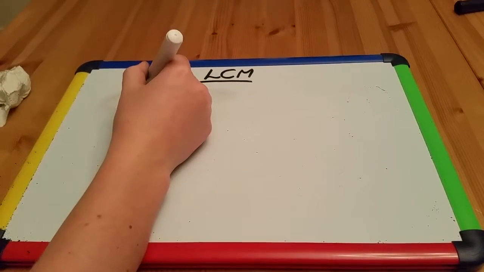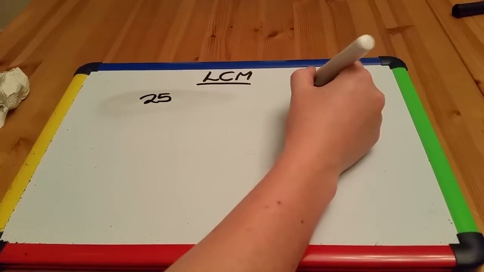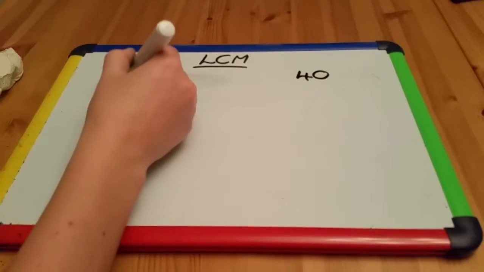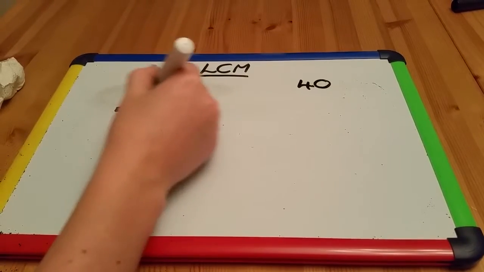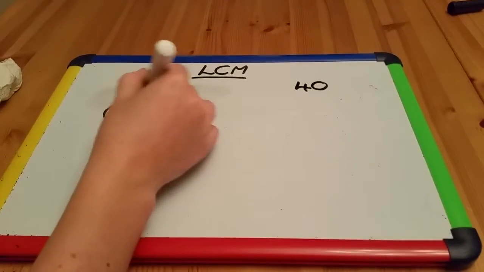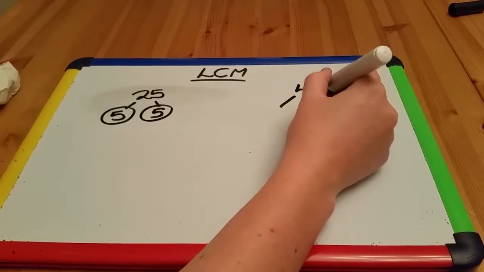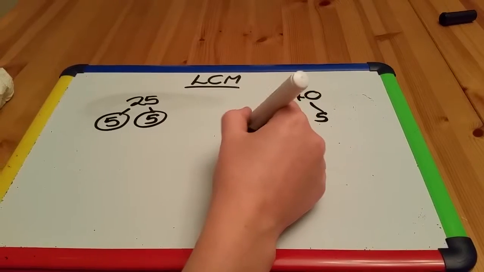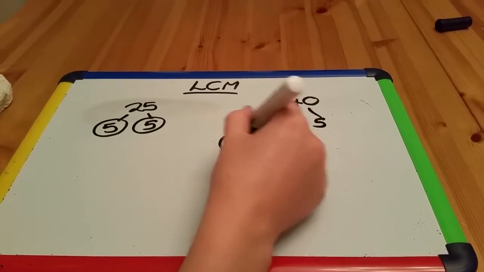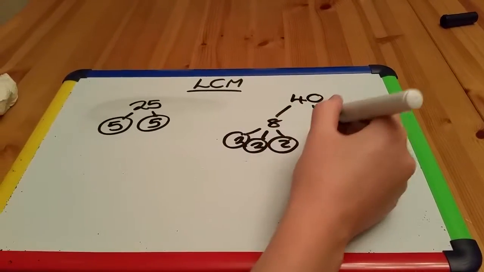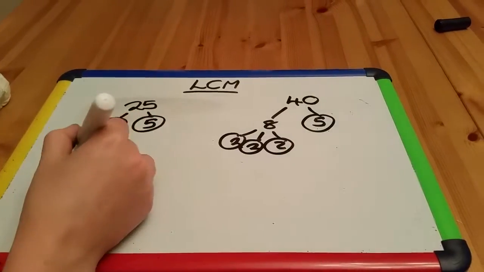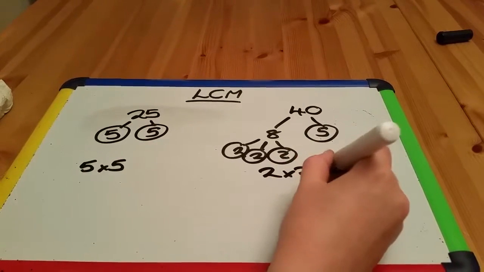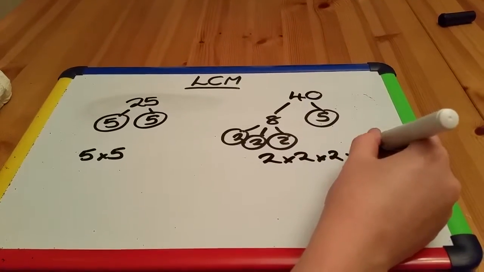So let's have a look at 25 and 40 again, because we used those for our highest common factors. 5 and 5 makes my 25. 8 and 5, which is 2, 2 and 2. So here's my sum. 5 times 5 is 25. 2 times 2 times 2 times 5.